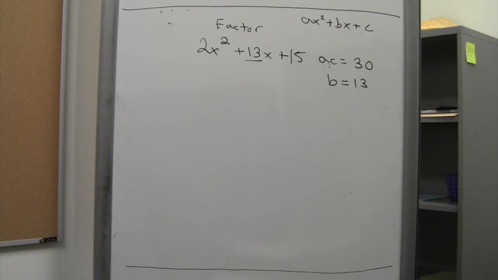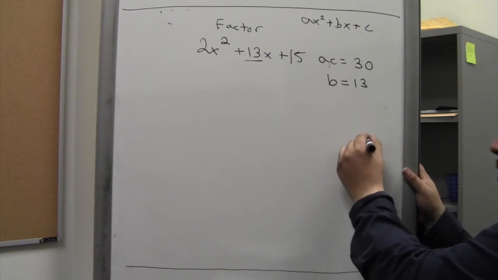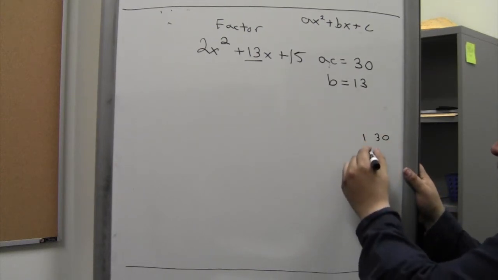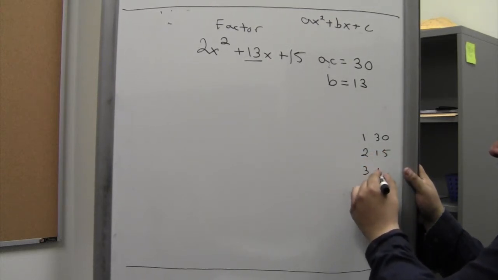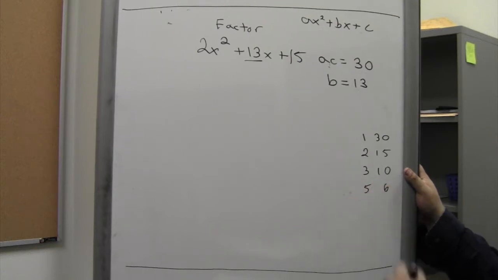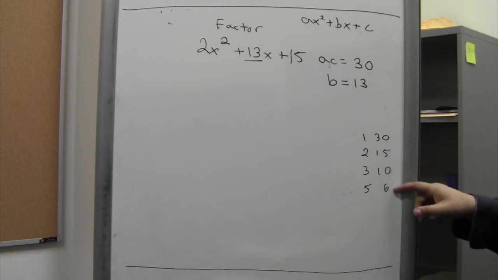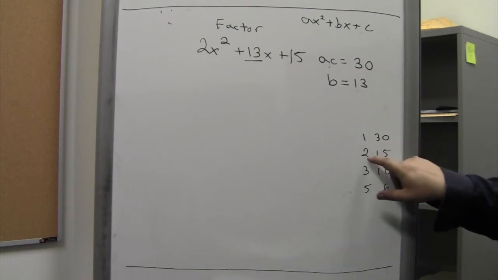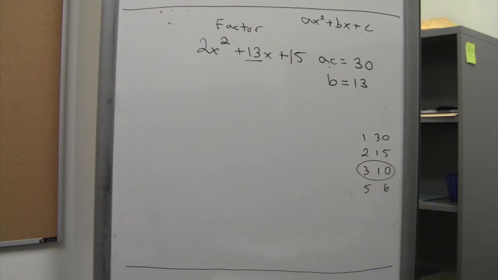And you can list them off as you want. You can write them on the side here. We can go, okay, we got 1 and 30. We got 2 and 15. 3 and 10. We got 5 and 6. Now out of these sets of factors here, if we add each one of these, the only one that adds up to give me 13 is this one here.